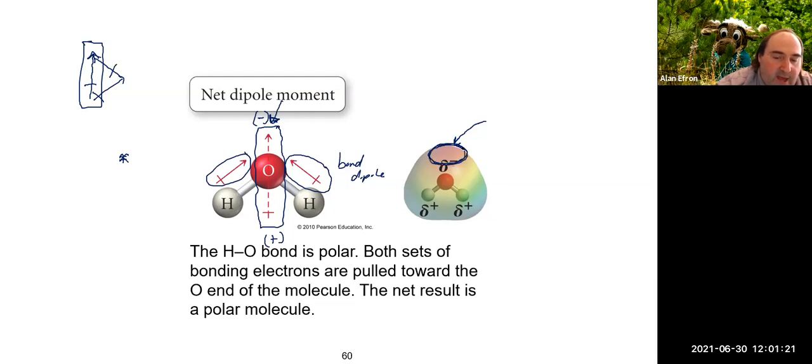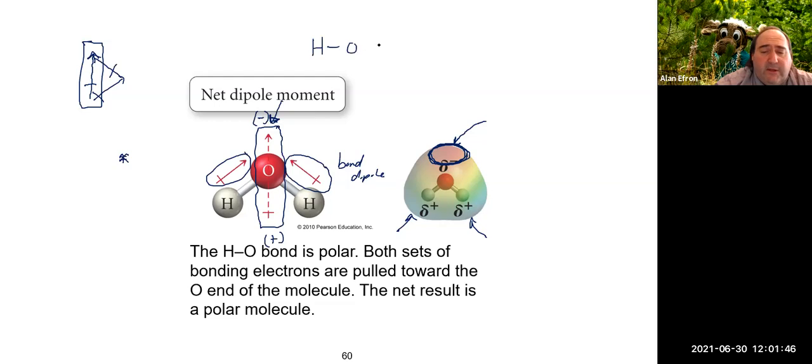Red means a higher density of electrons. The side down here by the hydrogens is more blue, blue meaning cold, not as many electrons found there. So we get this unequal distribution in terms of how the electrons are shared, creating this polar molecule, which means one side is more positive, one side is more negative.